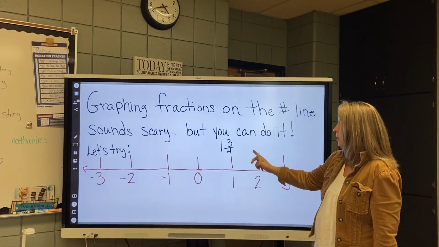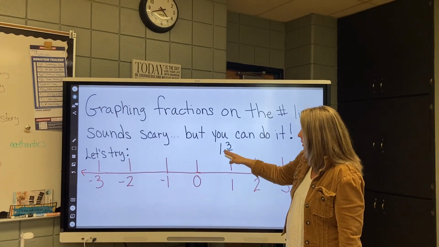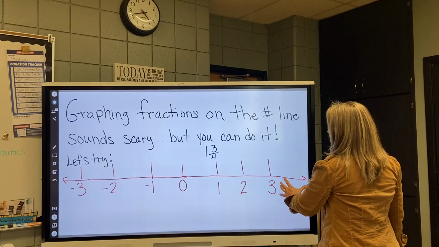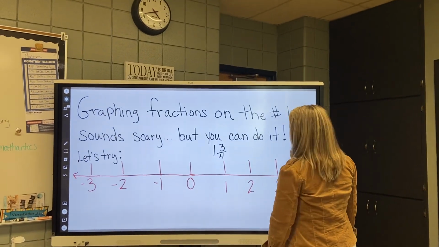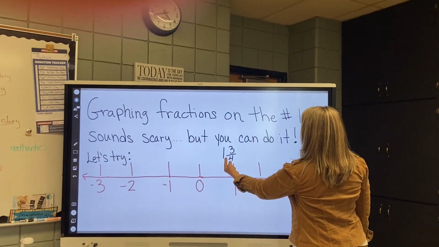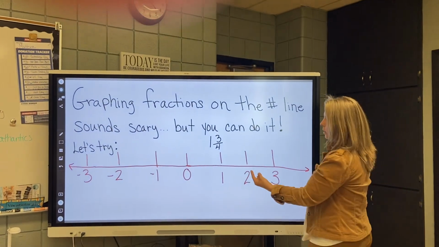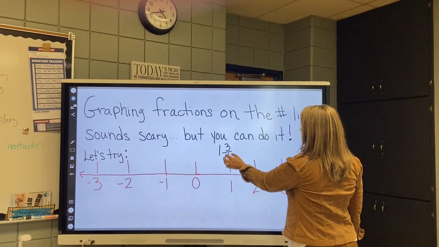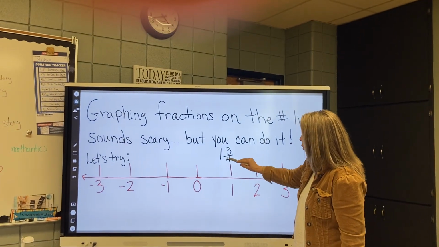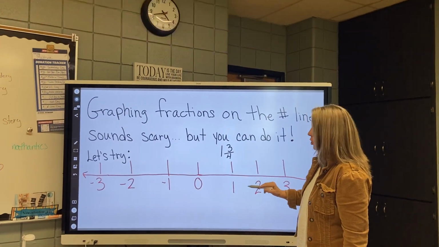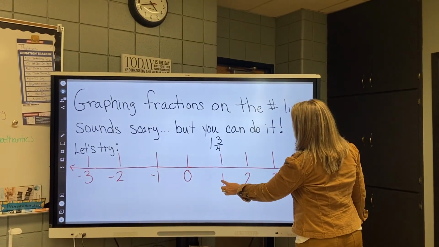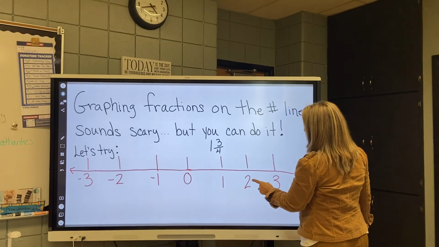I don't see a negative sign in front of it, so I know it's going to be graphed on the right side of the 0. It's a positive number. I know that it's more than 1, because it has an additional fraction. But is 1 and 3/4 more than 2? No, it's not. So I know it's going to be between the 1 and the 2.